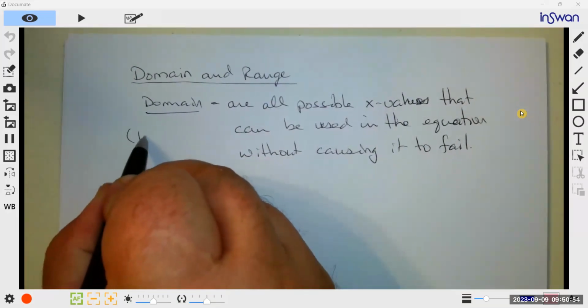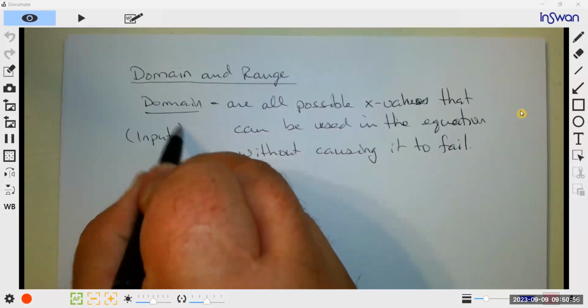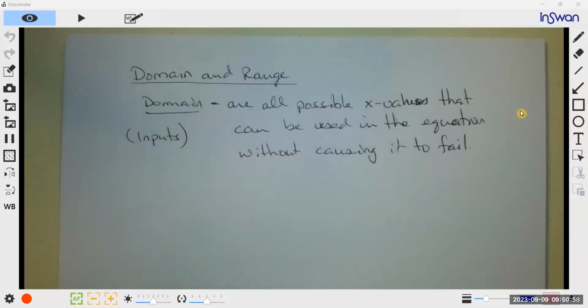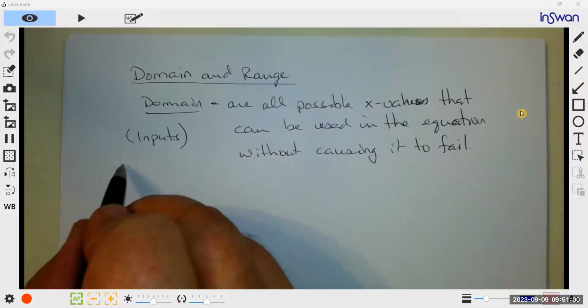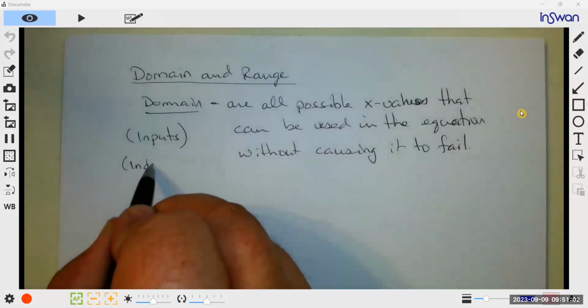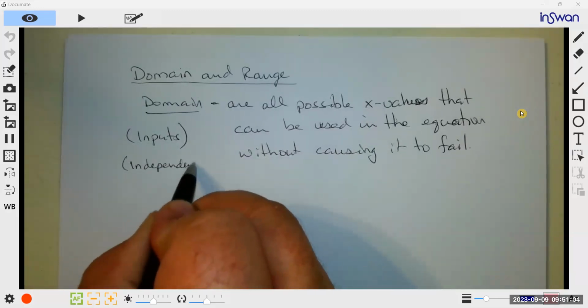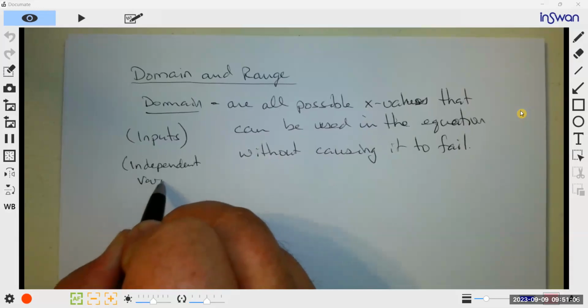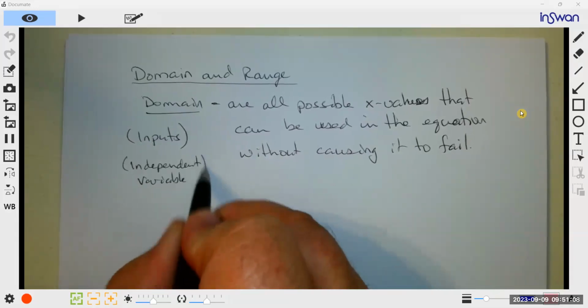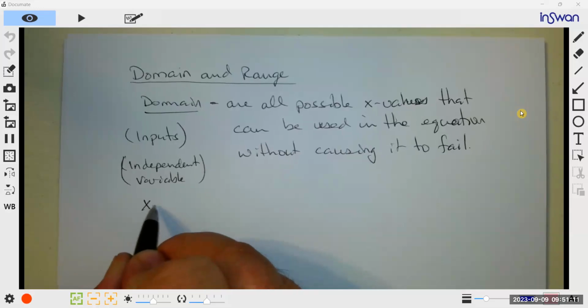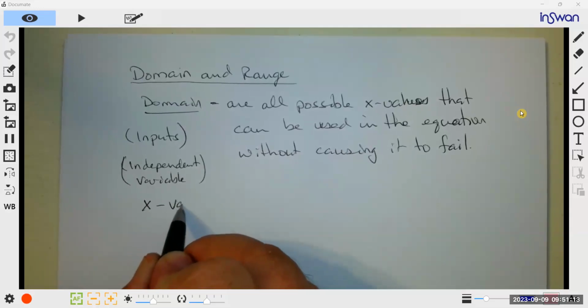Okay, the domains are the inputs. We also call those the independent variable. It's the x values.